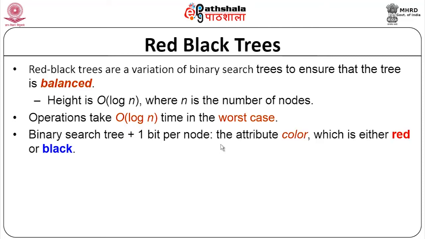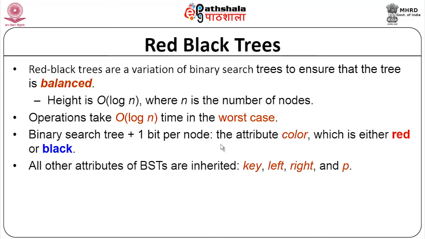So, it is a binary search tree, but when we are representing it, the binary search tree will be represented with 1 extra bit per node, and that will be the attribute color, and the color can be either red or black. Okay.